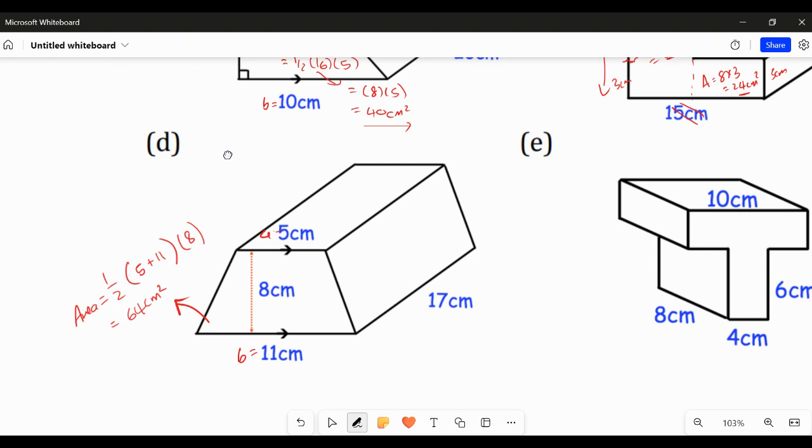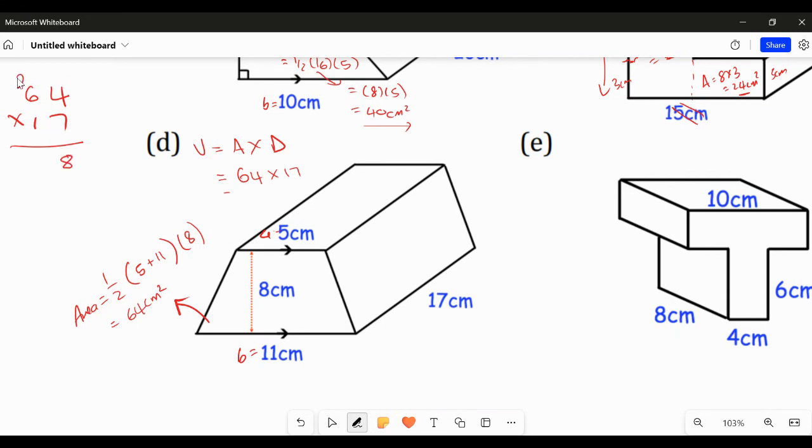And the volume is going to be given by area, I'm just going to put A, times D, which is depth. And so that comes to 64 times 17. Now, if I take 64 and multiply it by 17, 7 times 4 is 28.